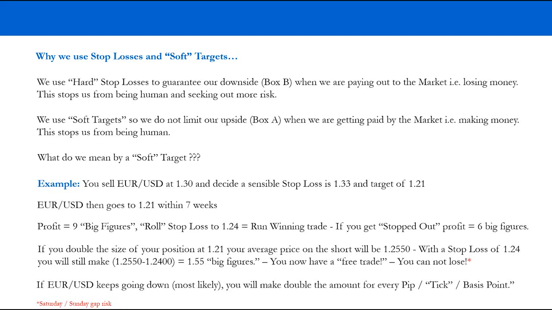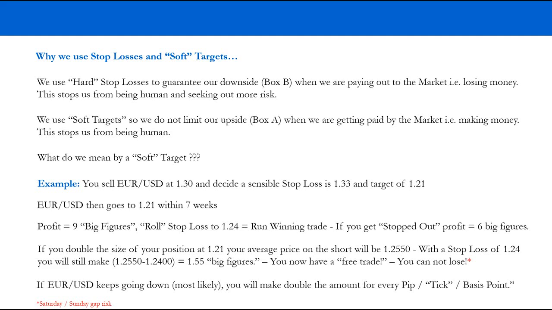So when you're losing money, it's stopping you from being human and seeking out more risk when you're losing. So the human tendency would be to even buy more at 90 and try to average all the way down and keep losing more and more money as the asset continues to fall.